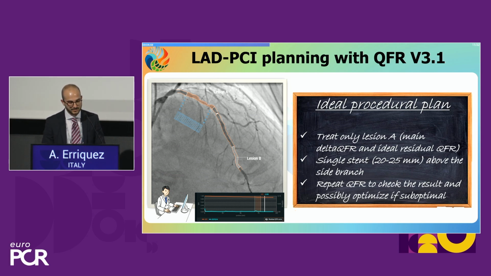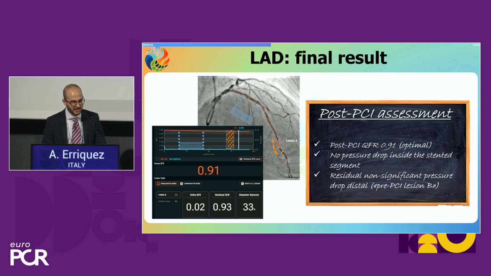Following this procedural planning, we obtained a good angiographic result, confirmed also by the post-PCI functional assessment, in which we obtained a QFR value of 0.91, so an optimal result, especially for the LAD, without significant pressure drop inside the stented segment, and with a residual non-significant pressure drop on the distal LAD.